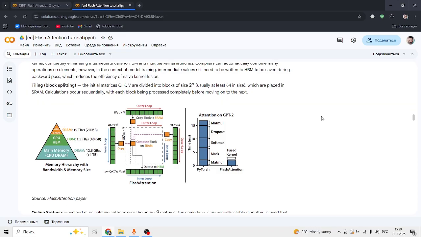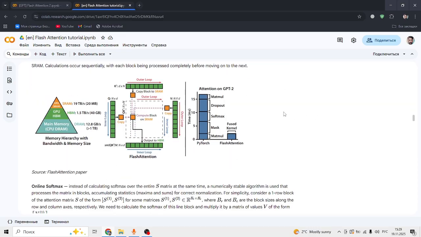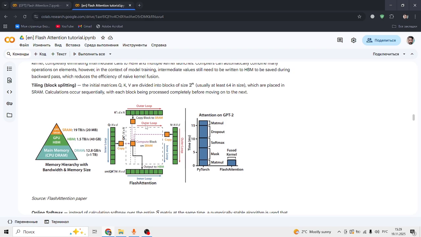Another thing is tiling. This is the technique when we split our data, in this case QKV matrices, into blocks. Usually block size is chosen as 2 to the power n. In practice, this is in a range between 64 and 512.